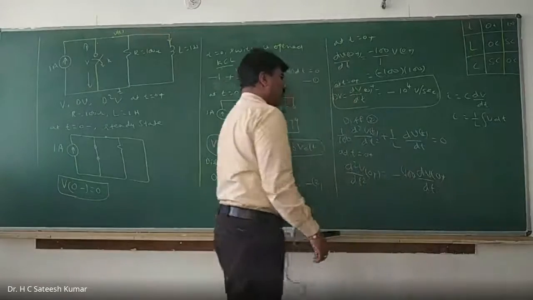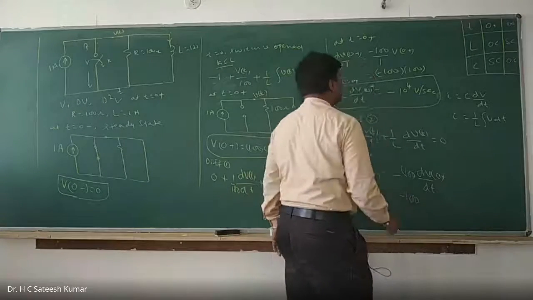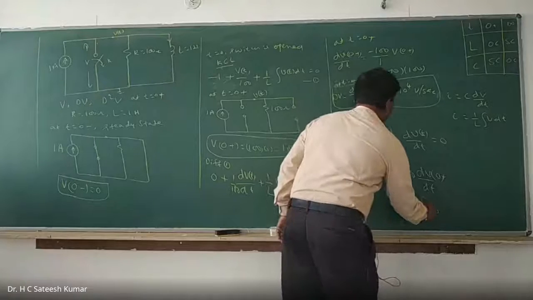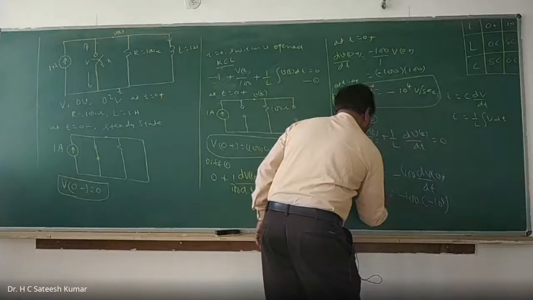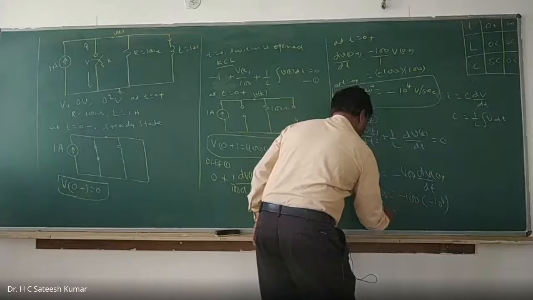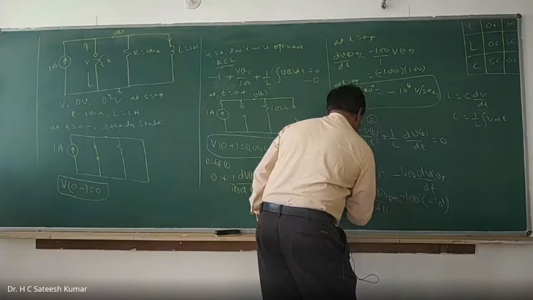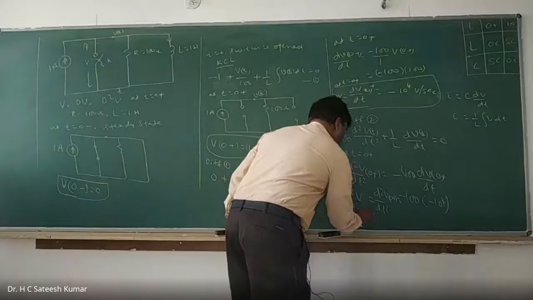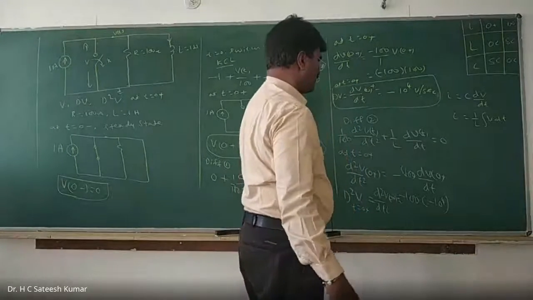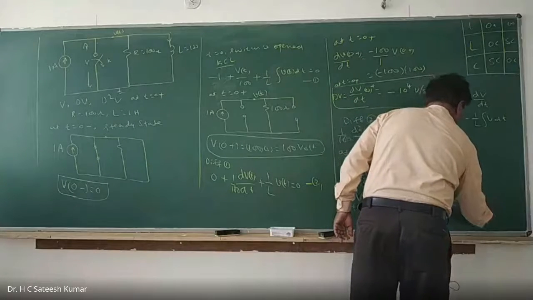So it is equal to minus 100 into dV by dt at 0 plus, which is minus 10 to the power of 4. So d squared V at t is equal to 0 plus is equal to 10 to the power of 6 volts per second square.